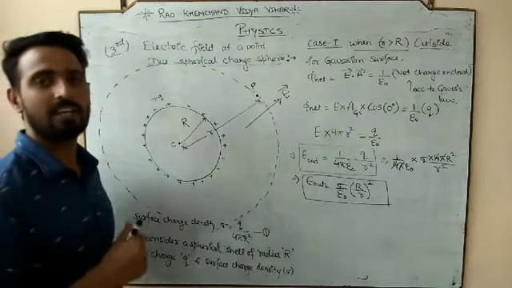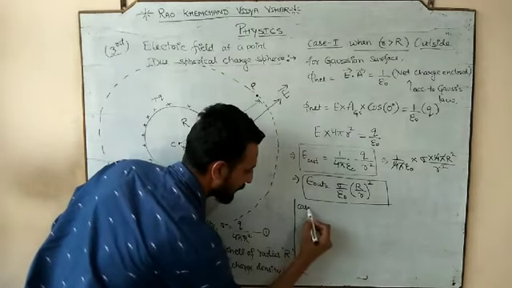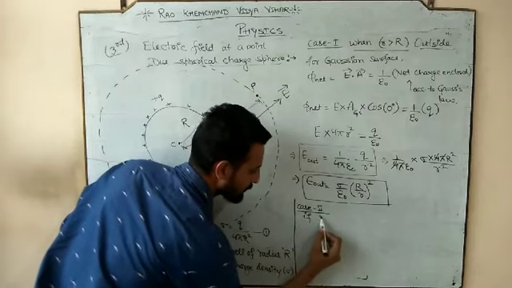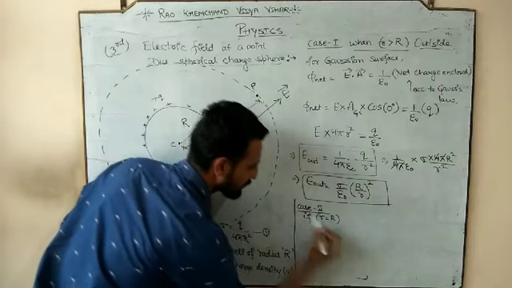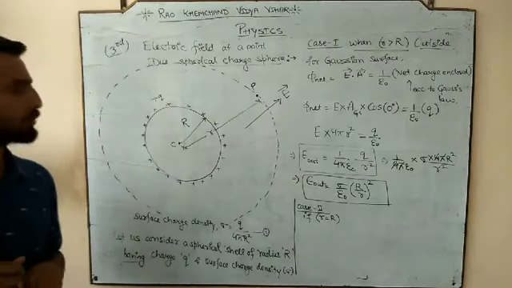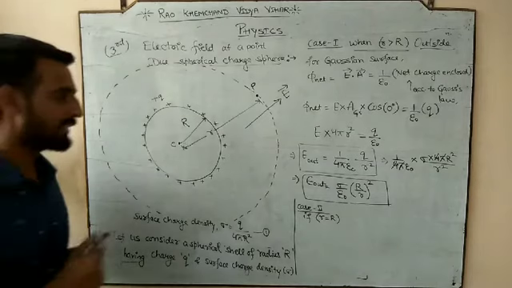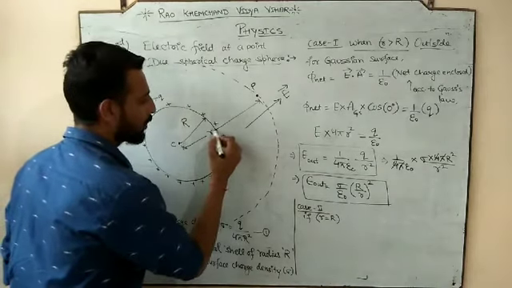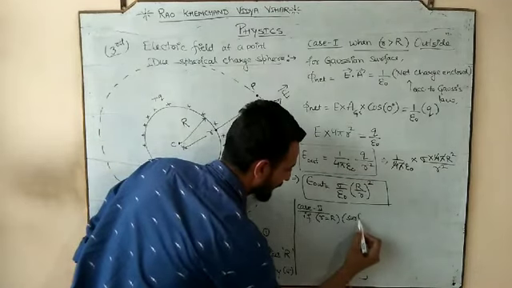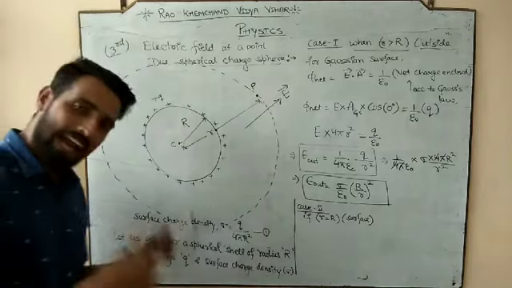And here we have done our case number 1. So similarly, case number 2. If small r is equal to capital R. So check this out, case number 2. When small r is equal to capital R, it means the P point is on the surface. So the second case is at the surface.